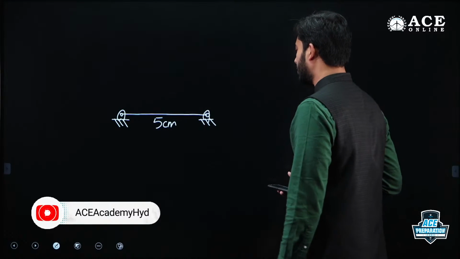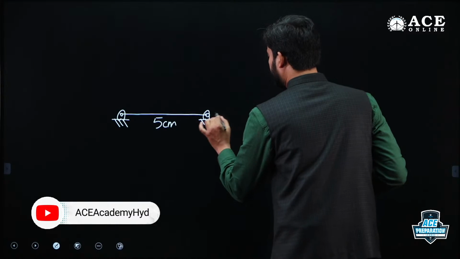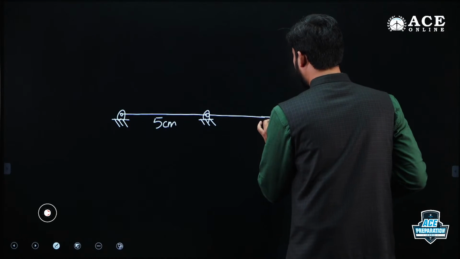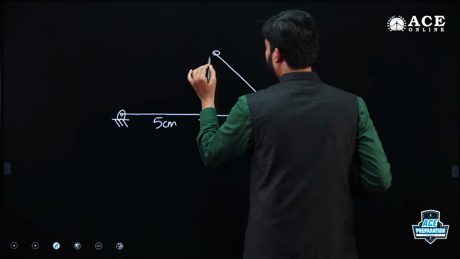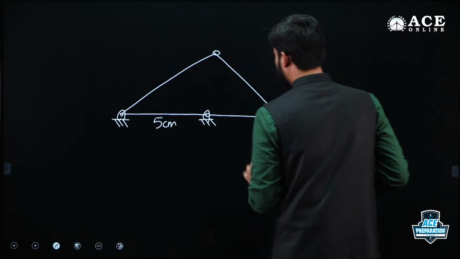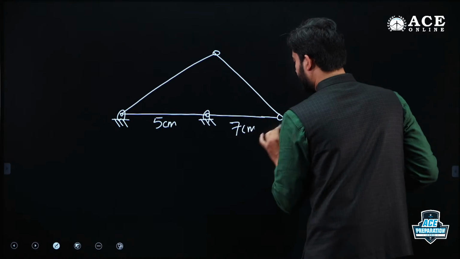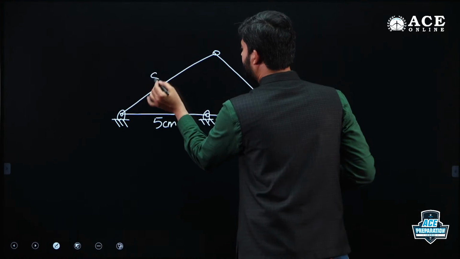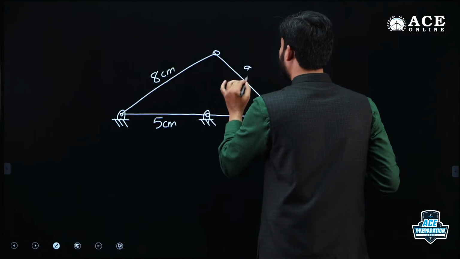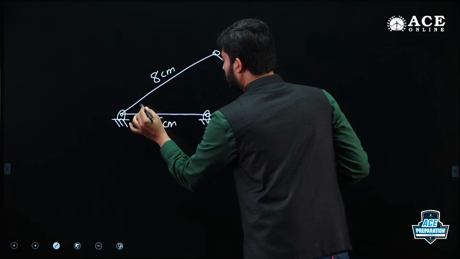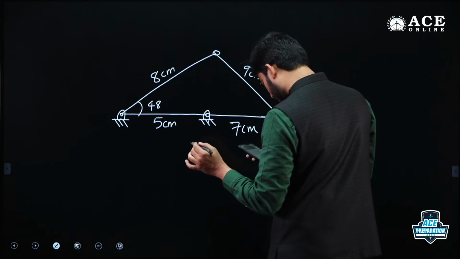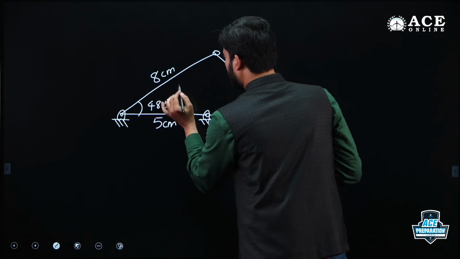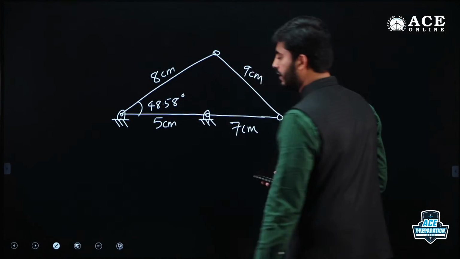Now let me draw the extreme position of the output link in the forward direction. This will be 7 centimeters, this will be 8 centimeters, and this will be 9 centimeters. You have calculated this angle to be 48.58 degrees.